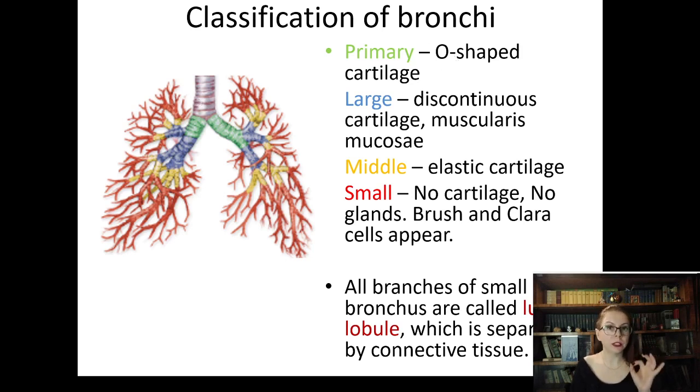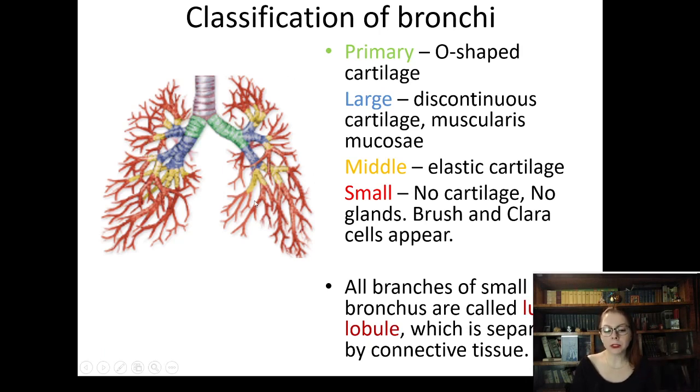So they are continuous and they never collapse because they have ring-shaped cartilages. After that, large bronchi are shown, and large bronchi have discontinuous cartilage, so large islands of cartilage are present around the diameter, and what is present also is the muscularis mucosa. It appears in the large bronchi. As you remember, in trachea there is no muscularis mucosa, but here it appears.